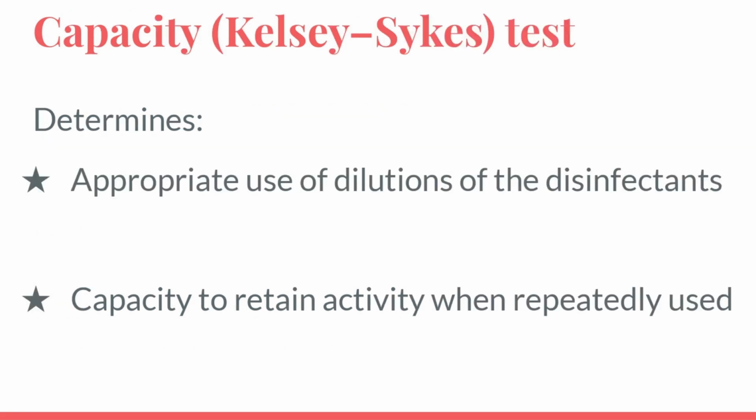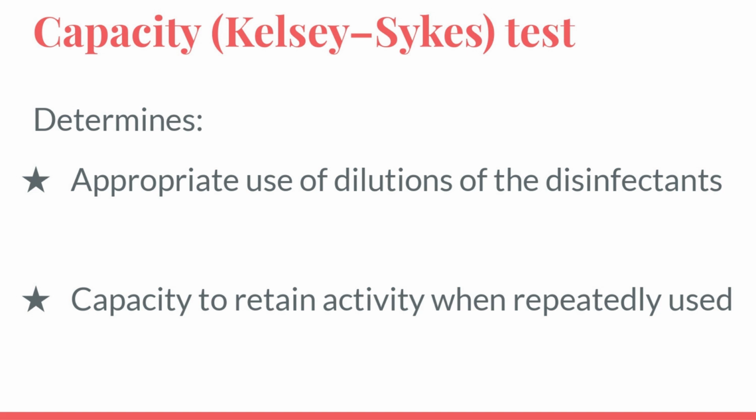Next test to find the disinfection power is the capacity test. This is otherwise known as the Kelsey-Sykes test. This test determines the following. First one is the appropriate dilution of the disinfectant to disinfect a particular area.